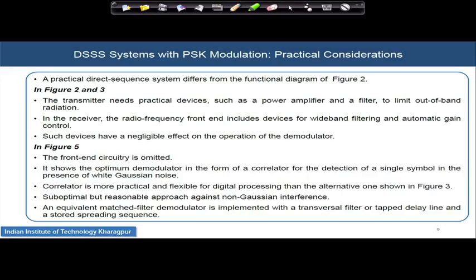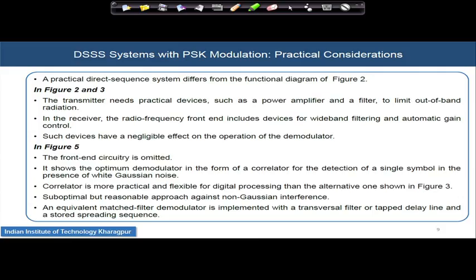In figure 5 also, going by the same logic, we have omitted the front end blocks like the wideband filter followed by the low noise amplifier and the automatic gain control. We will give more thrust to the demodulator circuitry, the optimum demodulator designed here in the form of a correlator for detection of the signal symbol in the presence of white Gaussian noise.